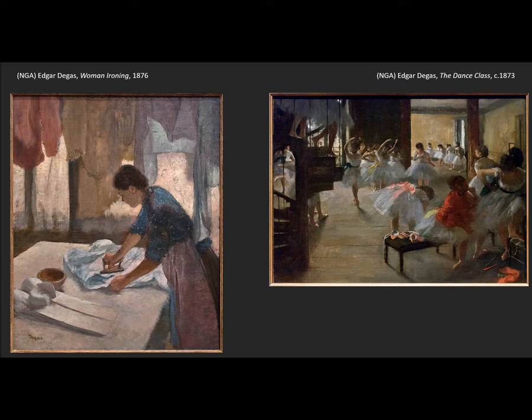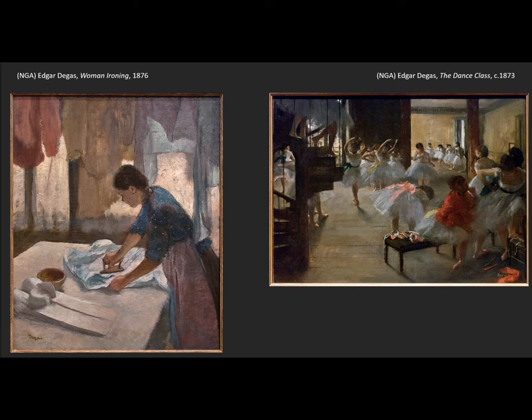Degas spends quite a bit of time, and often in multiples, with images of women at work. He does a whole series of images of washerwomen, women who wash and iron clothes, who work for the benefit of someone else. We could argue the same thing is true with a ballet dancer. They are performing for someone else's benefit, and often not paid well for that.